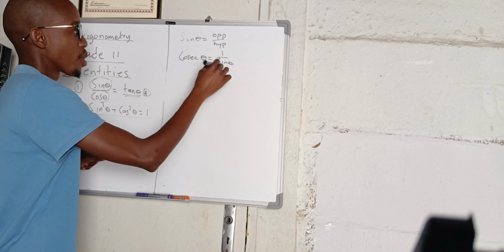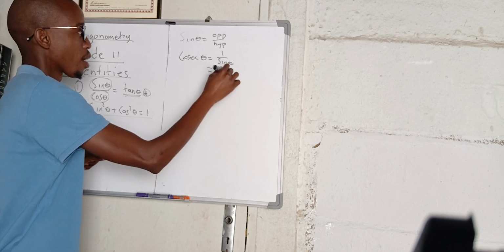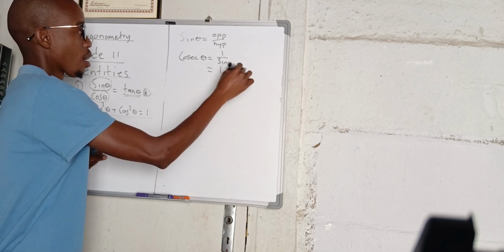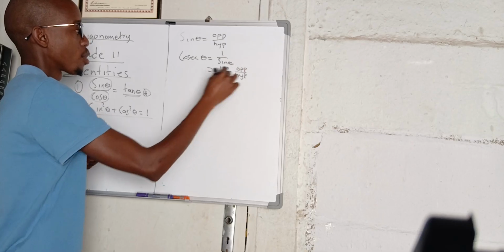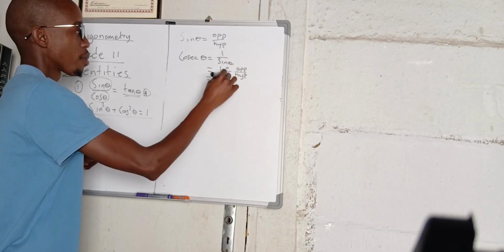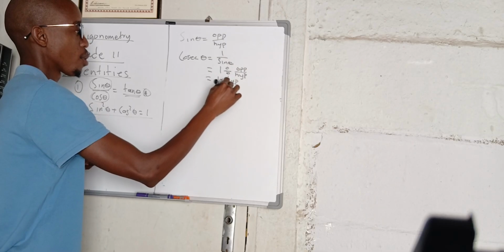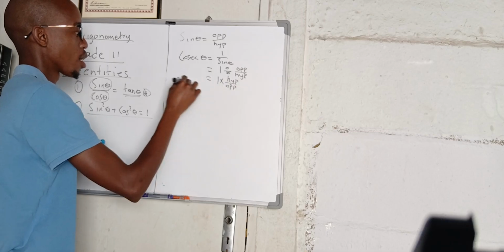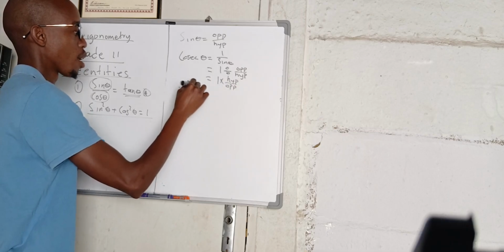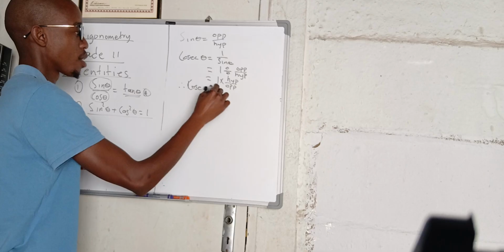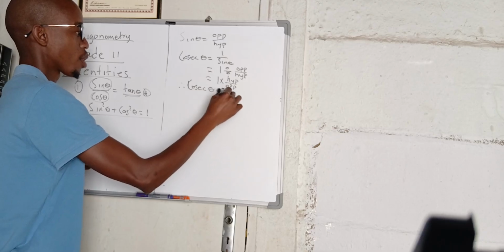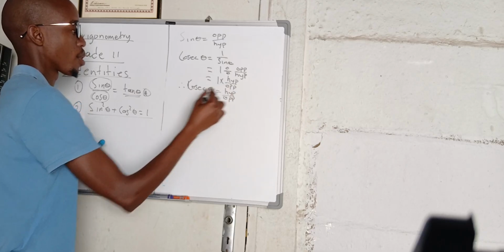And remember, we will be saying 1 divided by opposite over hypotenuse, which is basically 1 multiplied by hypotenuse over opposite. Therefore, we can conclude that cosec theta is equal to hypotenuse all over opposite.